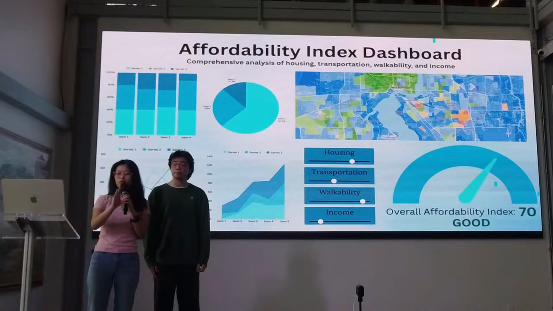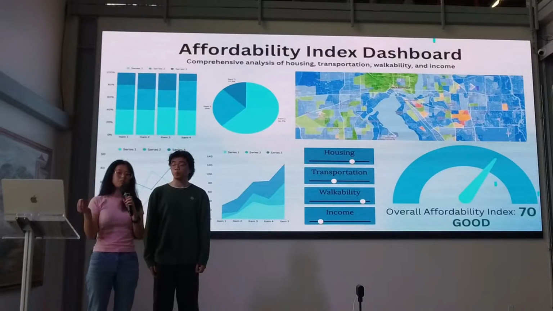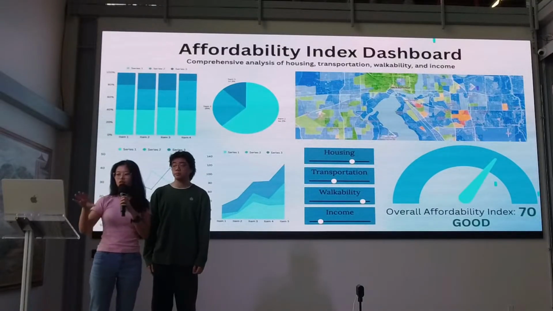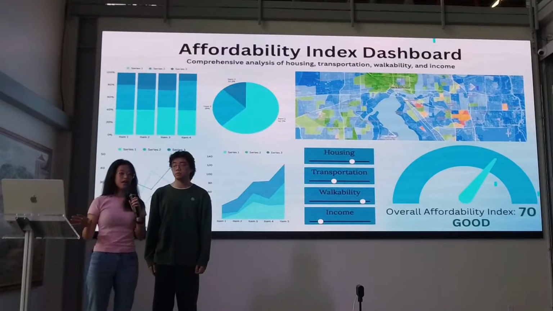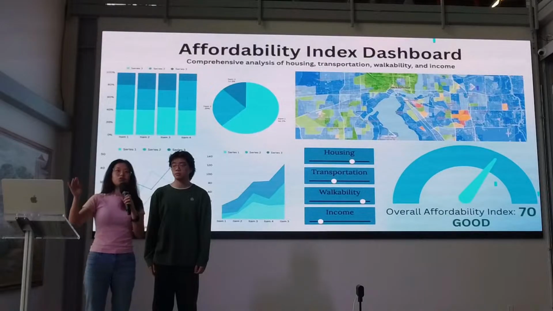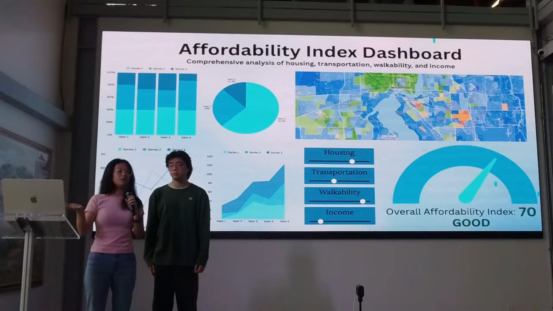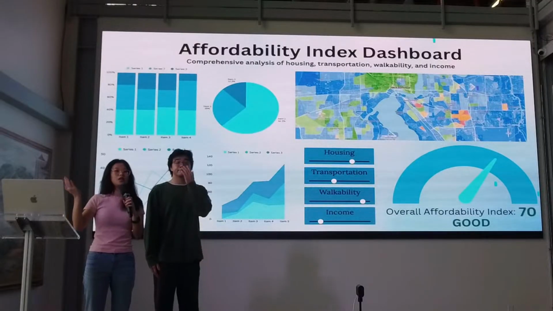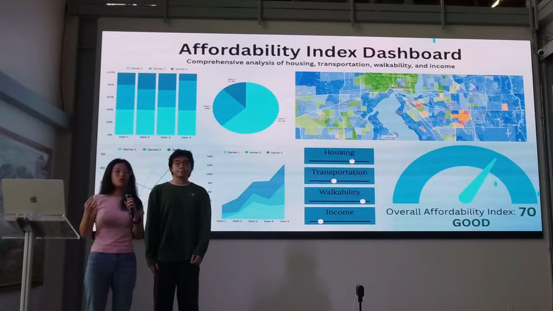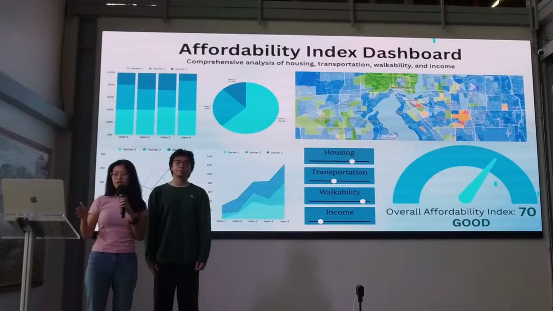Then we'll generate a result based on our formula to show the user the overall affordability index. So the higher the affordability index, the higher the possibility that people in Jacksonville will be able to afford housing.